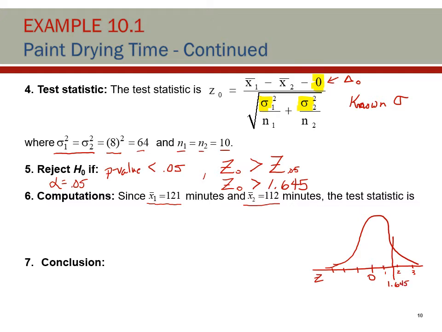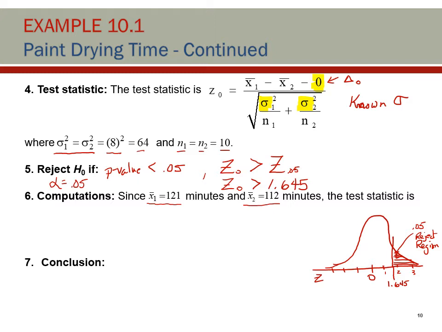So the alpha, the entire 5%, all right, of the graph is shaded in this area, 0.05 or 5%, and that is the reject region. All right. Hope you're getting used to that by now.